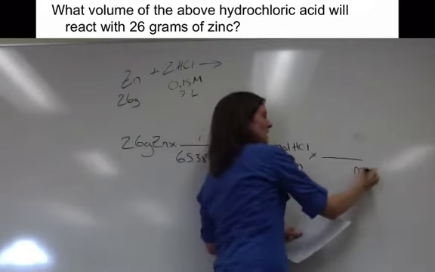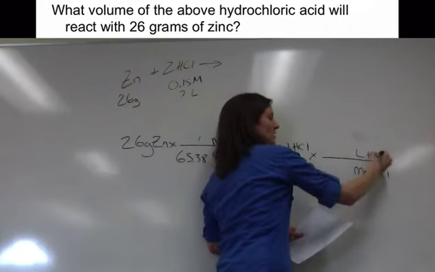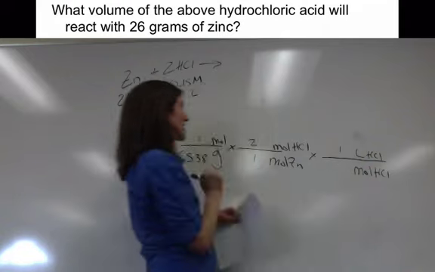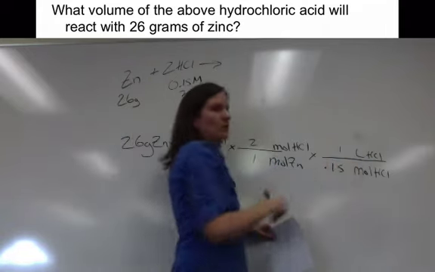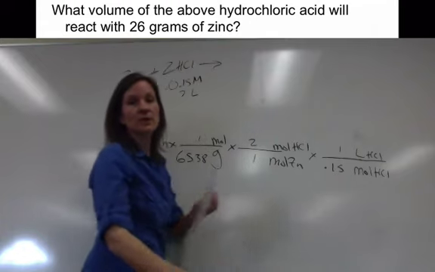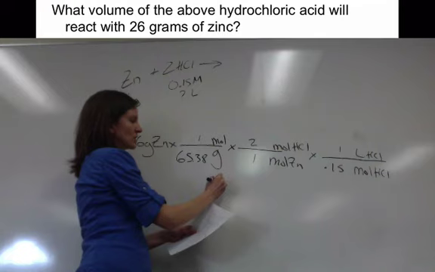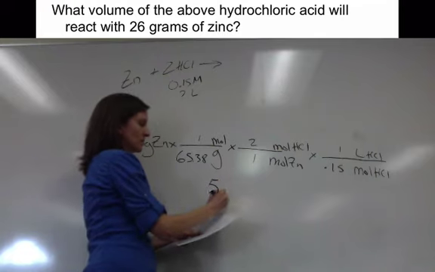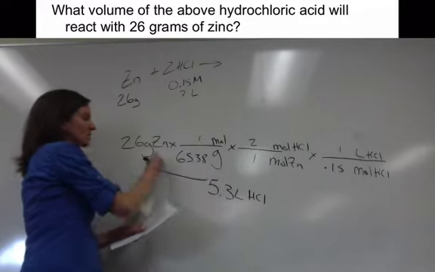Once I'm in moles of hydrochloric acid, I can go to liters of hydrochloric acid given a concentration. So for every 1 liter, I calculated I have 0.15 moles. That will get me to volume, which is what I'm solving for. If you multiply this out, you should calculate that you need 5.3 liters of HCl to react with 26 grams of zinc.